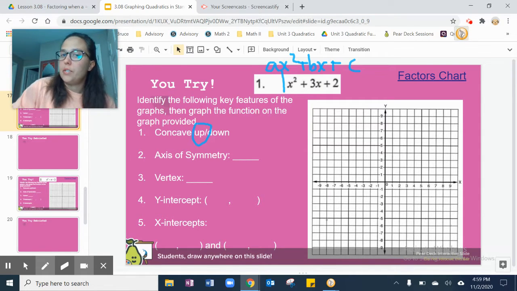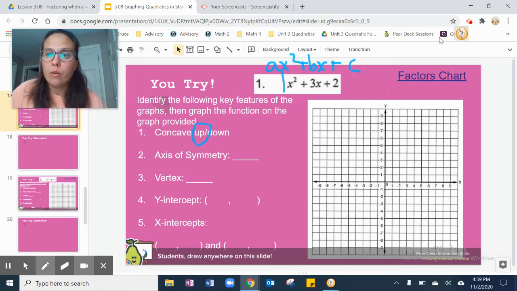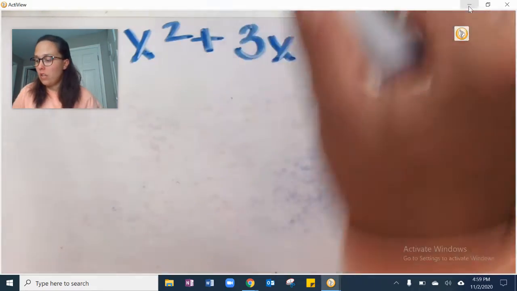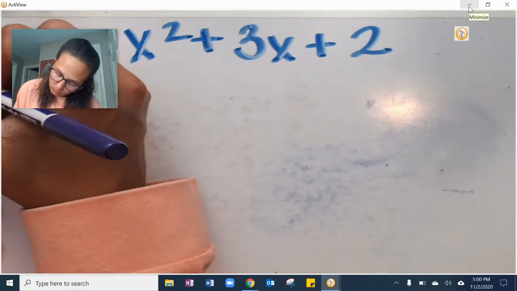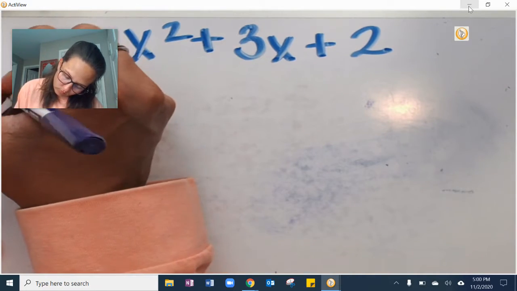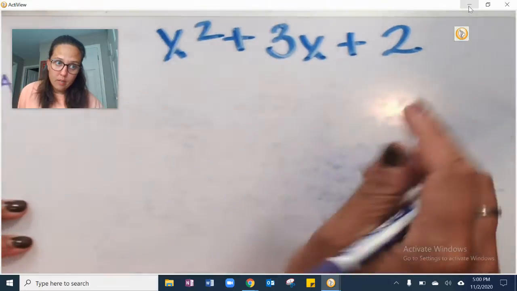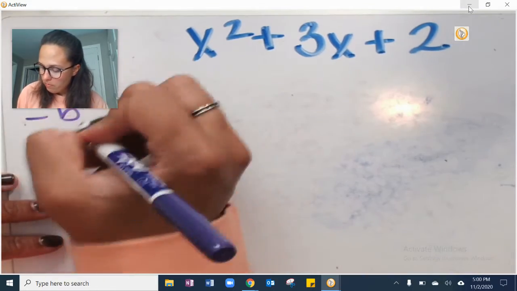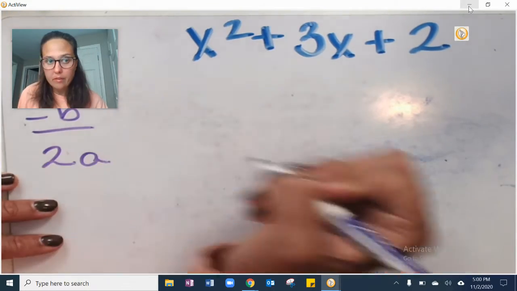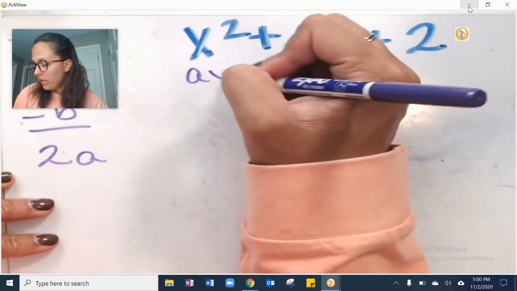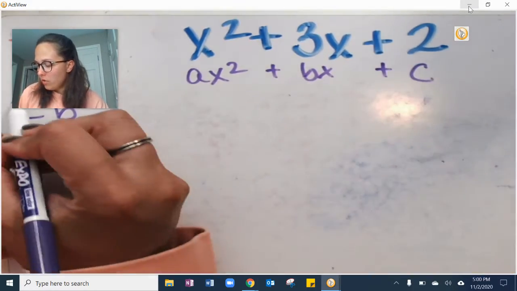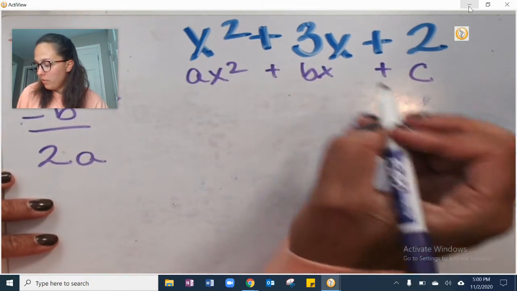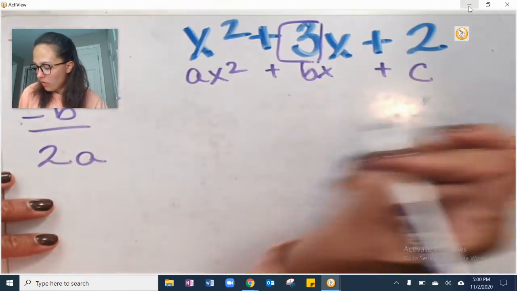The axis of symmetry. The axis of symmetry requires we use the formula negative b over 2a. So again, here's ax squared plus bx plus c. So what is our b term? In this case, it is 3.